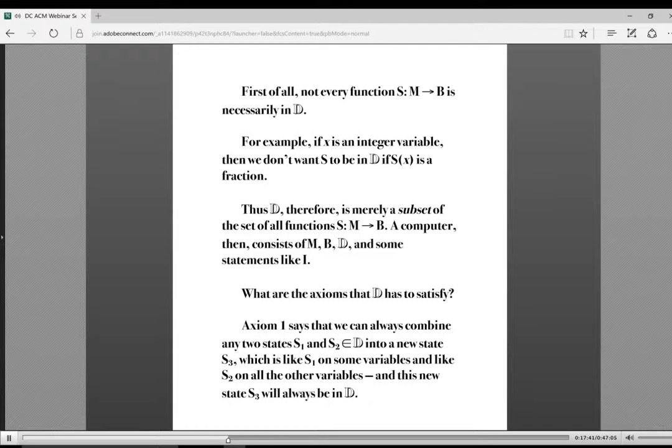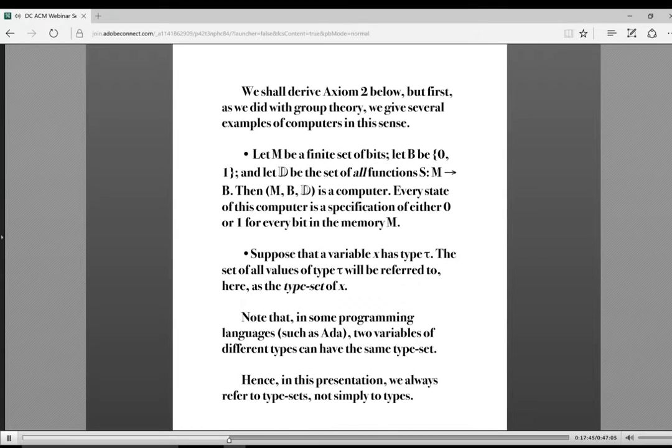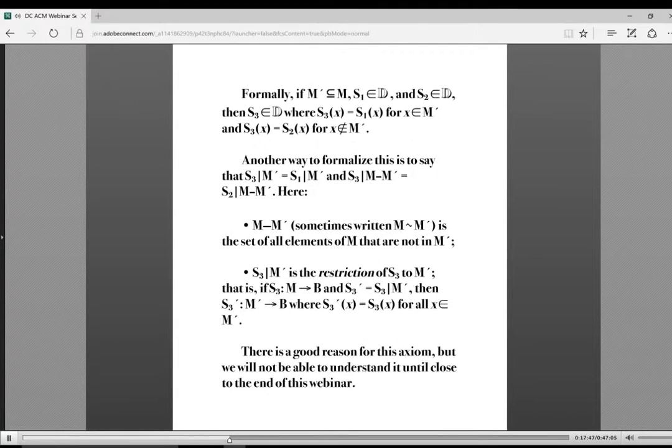And this new state, S3, will always be in D. Formally, if M prime is contained in M, and S1 and S2 are contained in D, then S3 must be contained in D, where S3 of X equals S1 of X for X being in M prime, and S3 of X equals S2 of X otherwise.